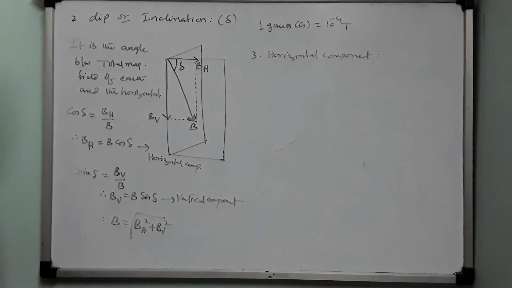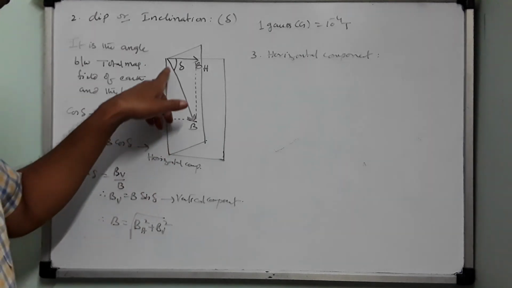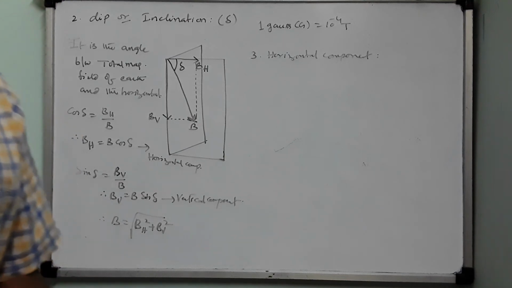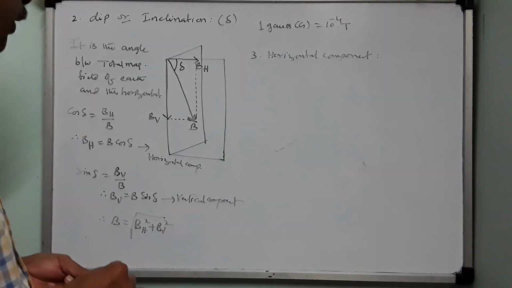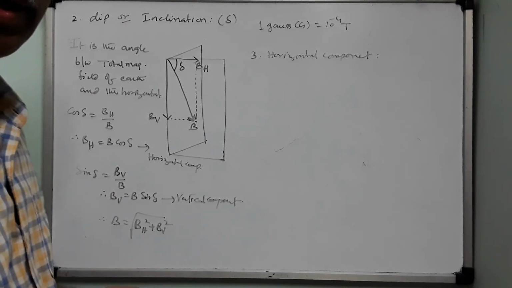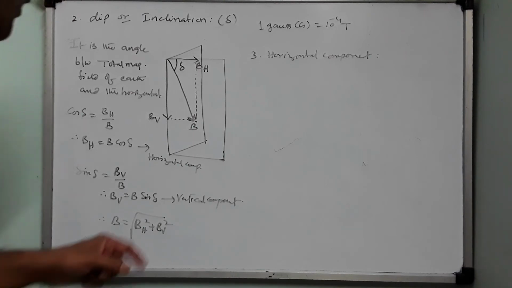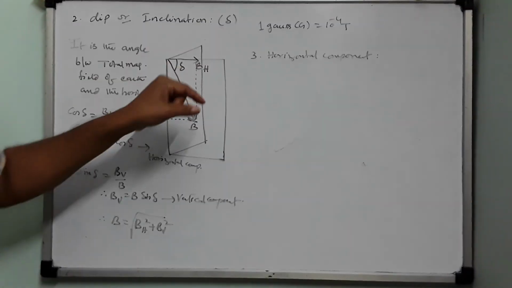So how to define this? The magnitude of Earth's total magnetic field in the horizontal direction is known as the horizontal component. So this is B, this is BH. The BH is known as the horizontal component.